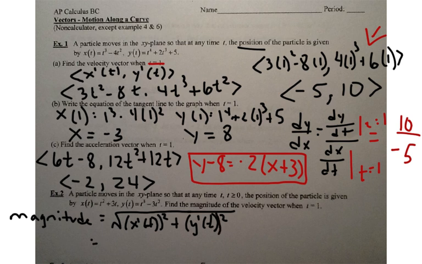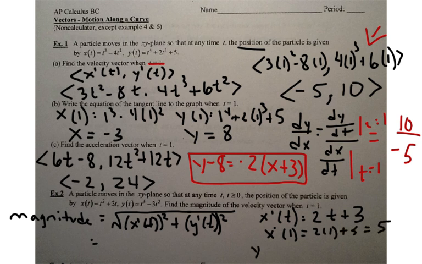So we're going to need an x prime of t. What is x prime of t here? The derivative of our x of t equation, 2t plus 3. Now we're doing this when t equals 1, so if I plug a 1 in there, x prime of 1 will equal 2 times 1 plus 3, which is 5.